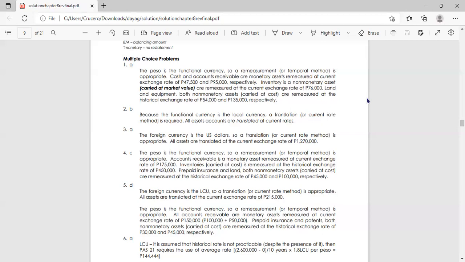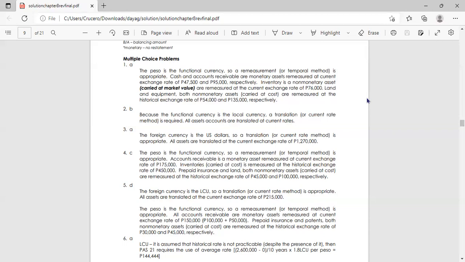So we have now the total of 770,000, which is the sum of 175,000, since accounts receivable should be remeasured at the current rate. Then inventories, 450,000 at historical rate.